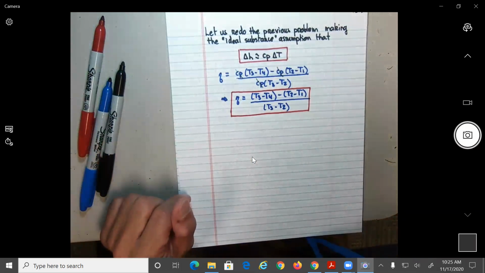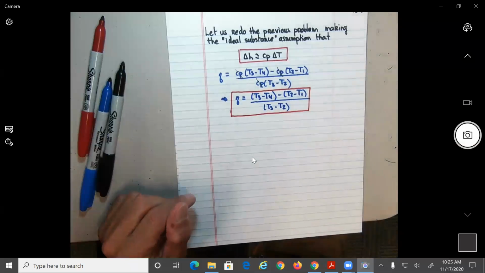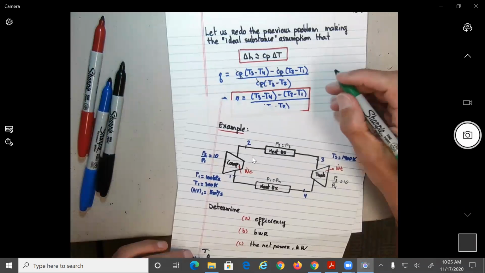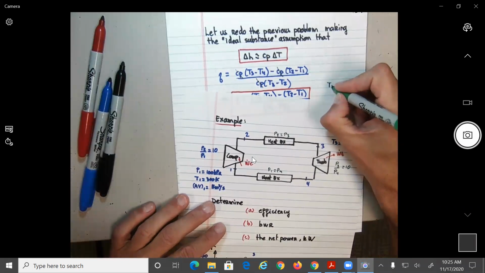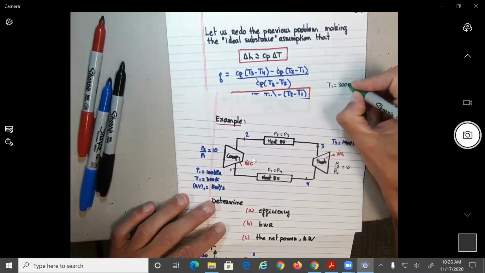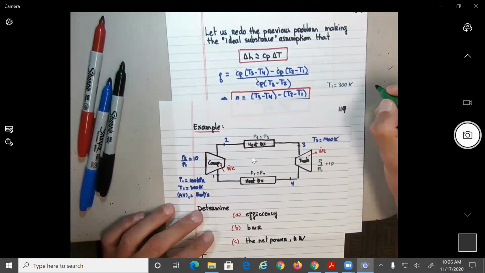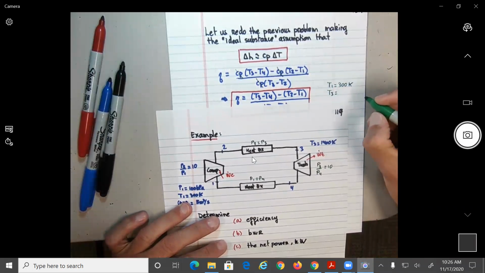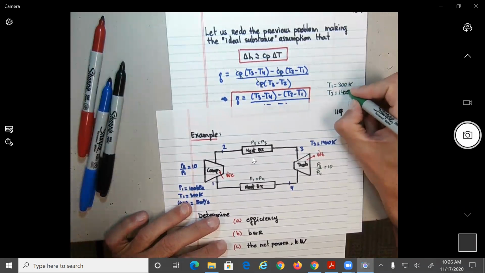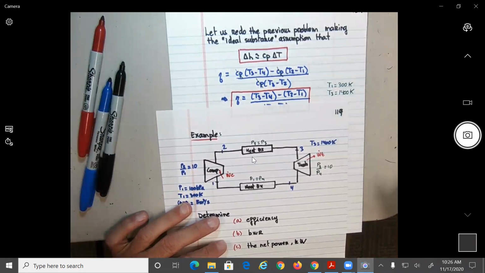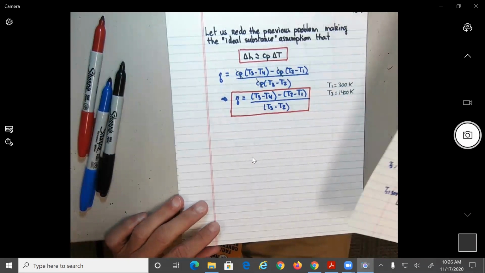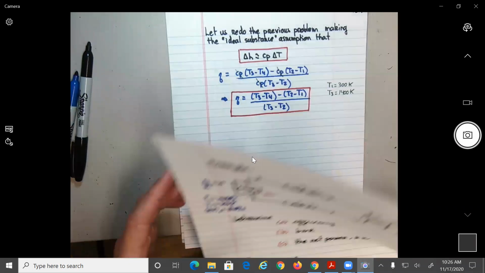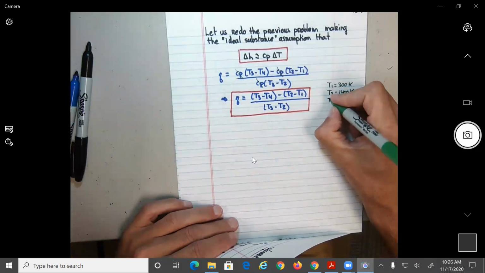Okay, so from the problem statement, let's see what do we know. We know T1 is 300 Kelvin. We know T3 is 1400 Kelvin. So we are missing basically T2 and T4.